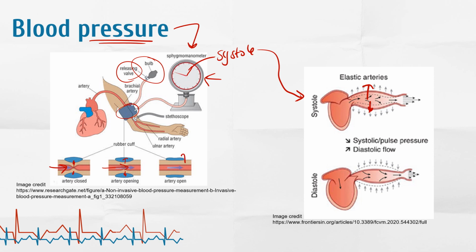We continue to release the pressure of the cuff until at some point it's not pushing on it enough for us to even notice or detect or hear the pulse anymore, and that is what we call the diastole, or the diastolic pressure. So this is one super cool way for us to measure blood pressure.